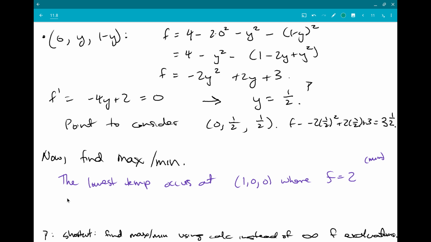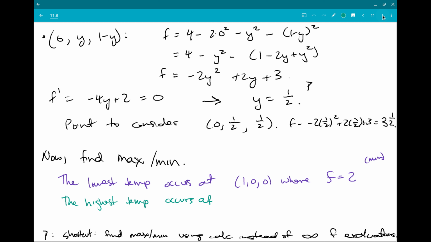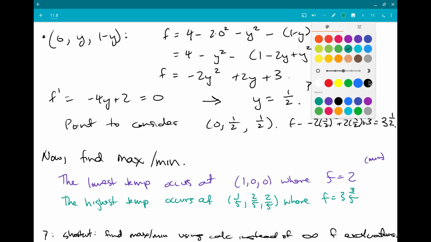And then the highest temperature occurs at the point 1/5, 2/5, 2/5 for 3 3/5. F is equal to 3 3/5. Is that right? Okay. And so this would be the answer to our question.